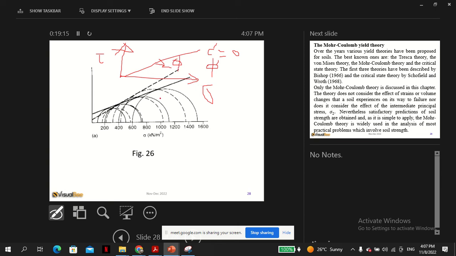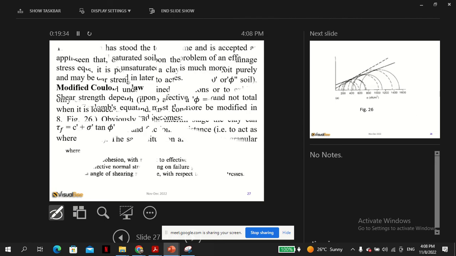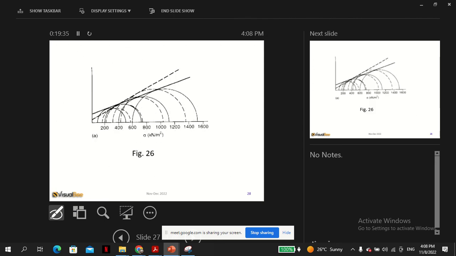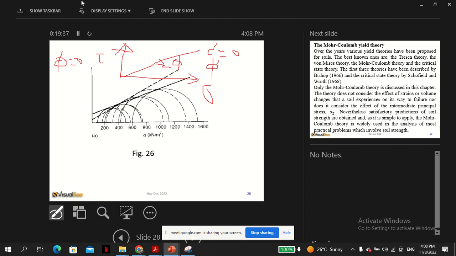So that's one. Two, we can have what we call, and this is why I was telling you Cu is something else, phi equals 0 soils. Please pay attention. The first one is for sand.